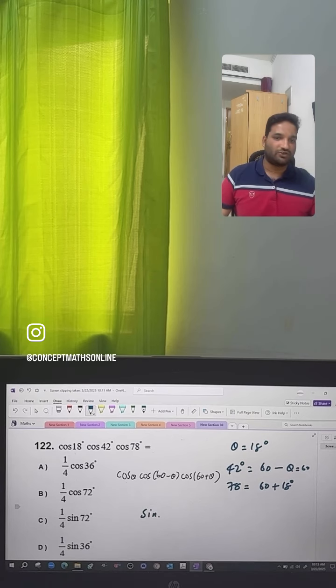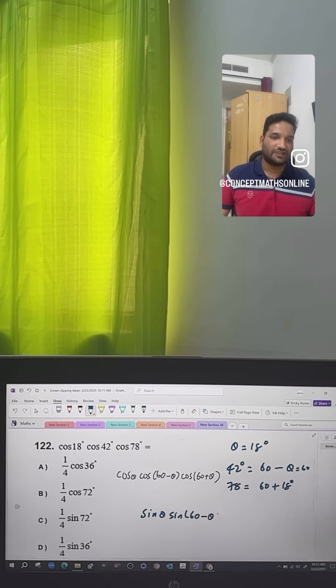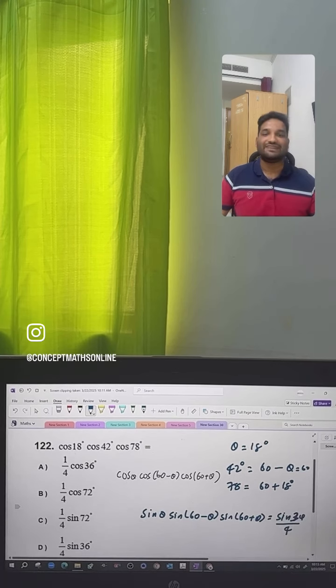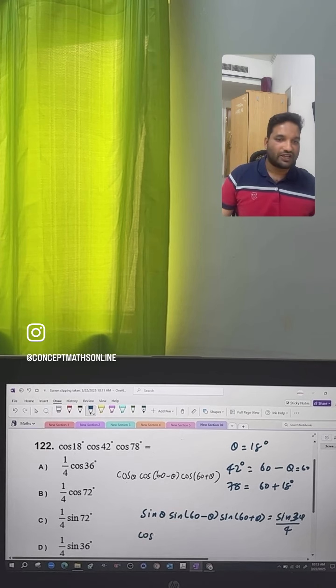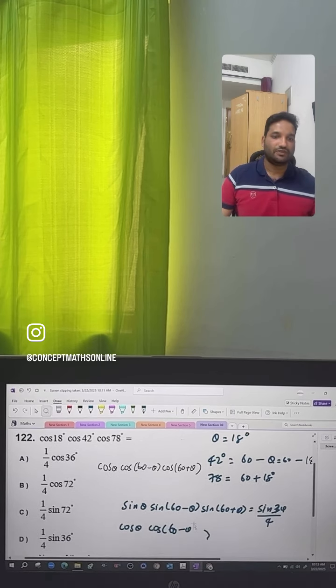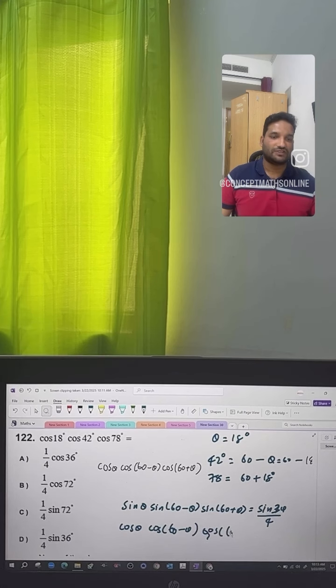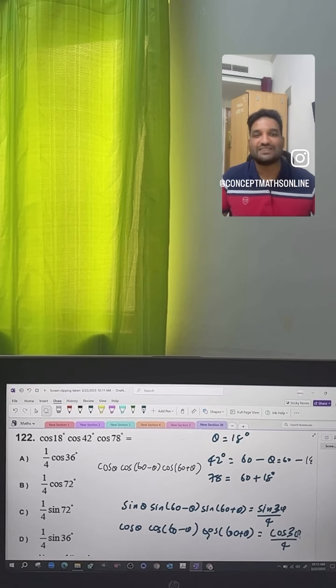So please note down, whenever sin theta into sin 60 minus theta into sin 60 plus theta is asked, you can answer sin 3 theta by 4. Here cos theta cos 60 minus theta into cos 60 plus theta is asked, so the answer is in the form of cos, same as sin: cos 3 theta by 4.